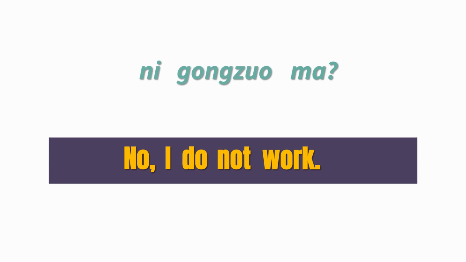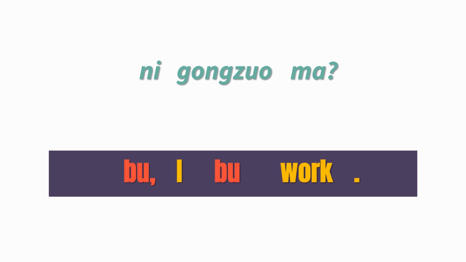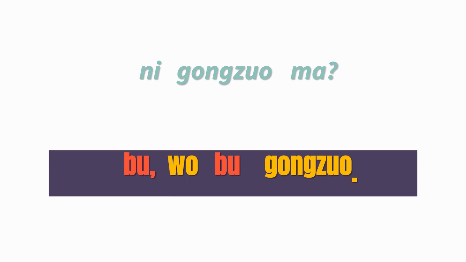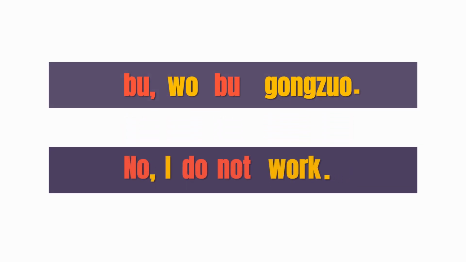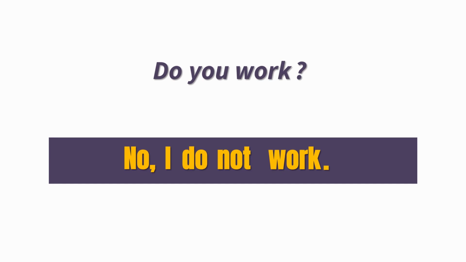And the answer is still, no, I don't, which is 不，我不工作. And here you can see the first 不 means no, and the second 不 means do not, which means again, I do not work generally. So I guess I'm jobless.